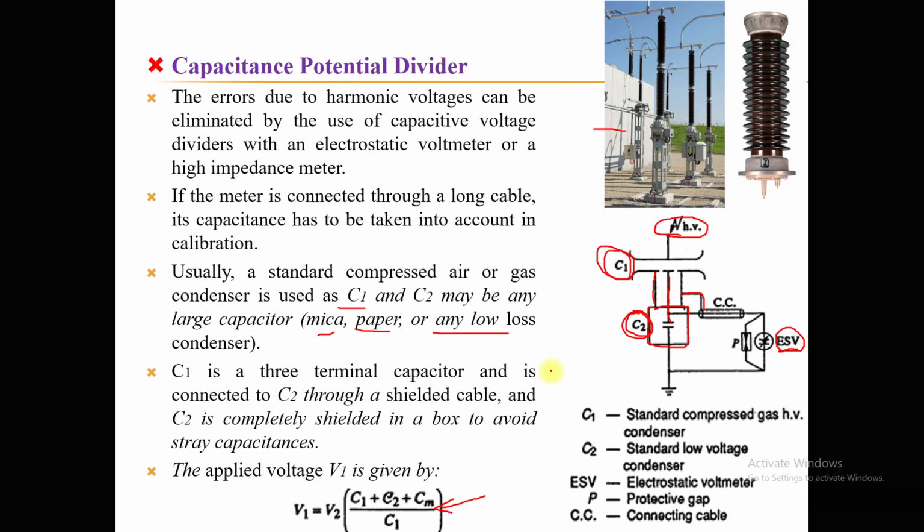Up to this point, the methods we have discussed, like the series resistance micrometer, series impedance voltmeter, resistance potential divider and capacitance potential divider, all need a physical connection with the high voltage source.